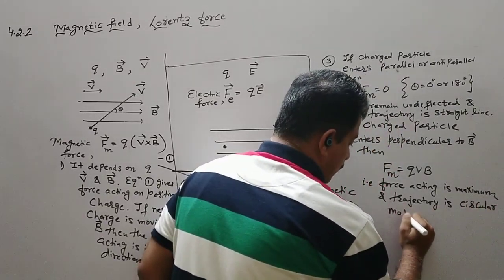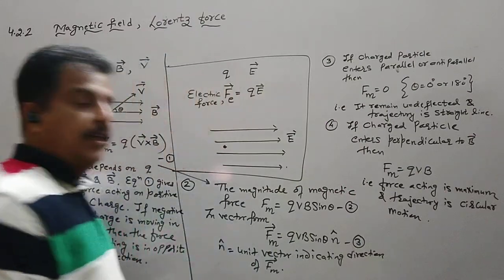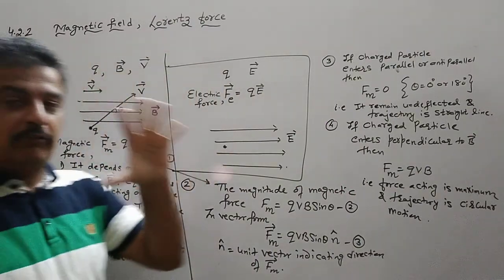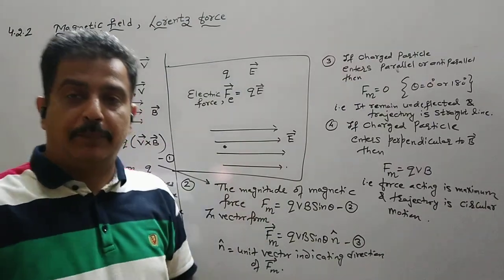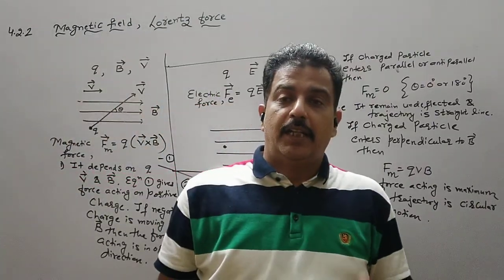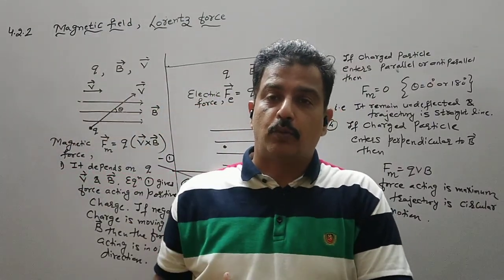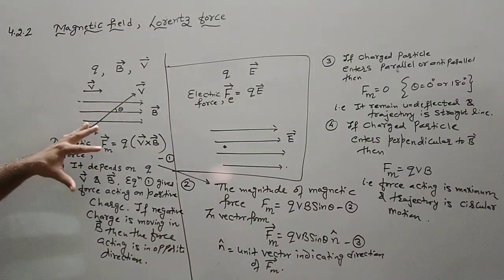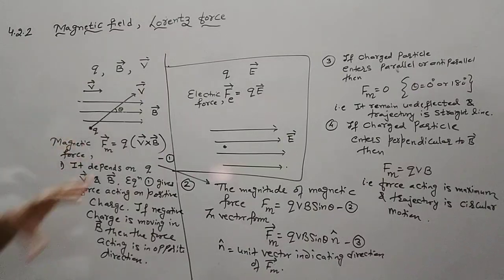So we will come to that point, that whenever a charged particle enters perpendicular to the magnetic field, it will perform a uniform circular motion. So these are the few points which are related to the magnetic force.